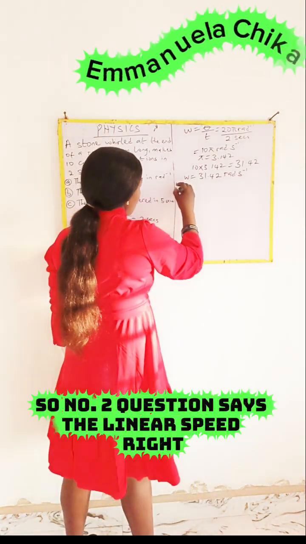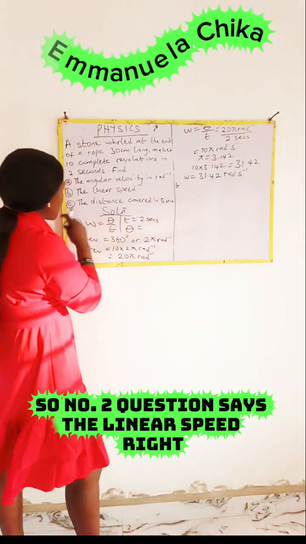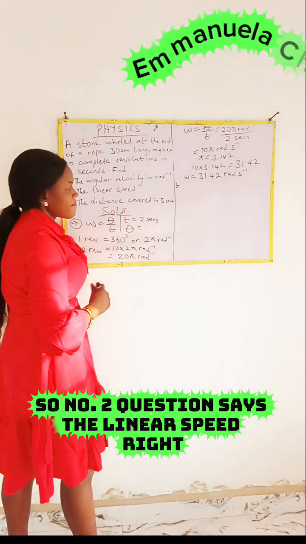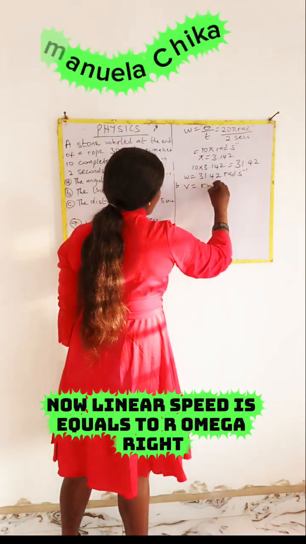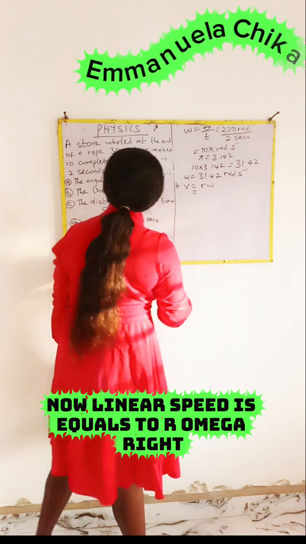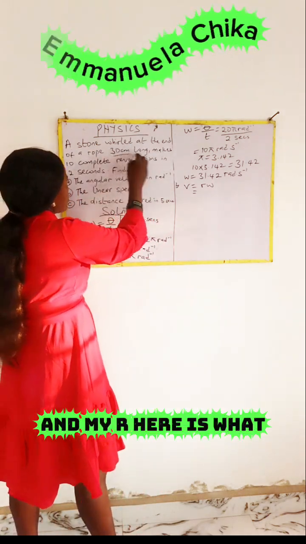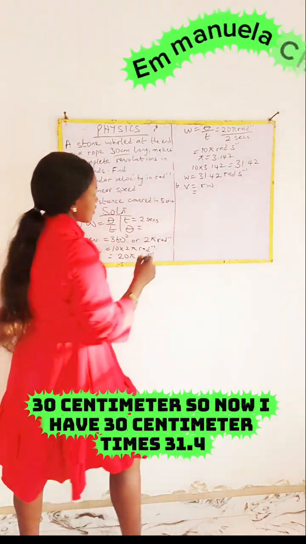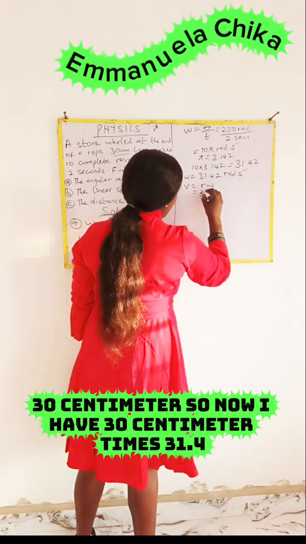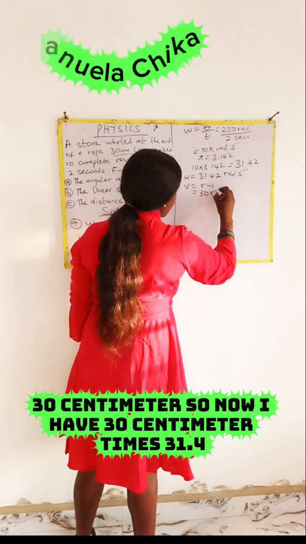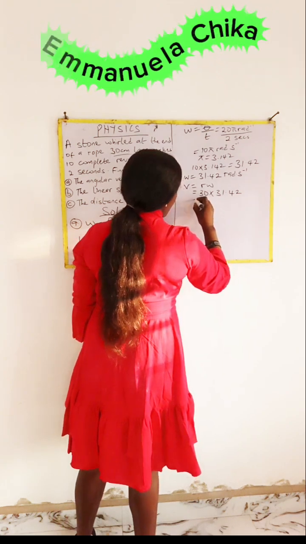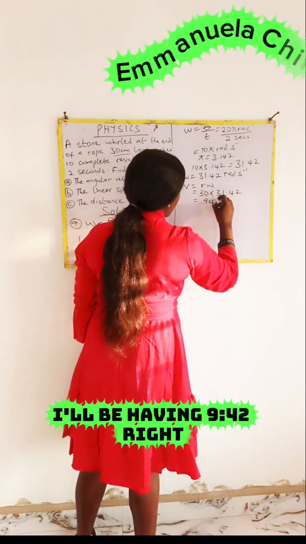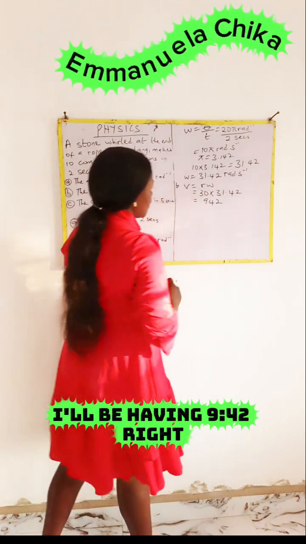That is my omega. So question B says, the linear speed. Now, linear speed is equal to r omega. And my r here is 30 centimeters. So I will have 30 centimeters times 31.42, which gives 942.